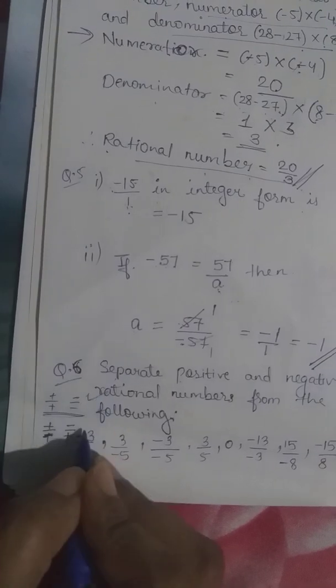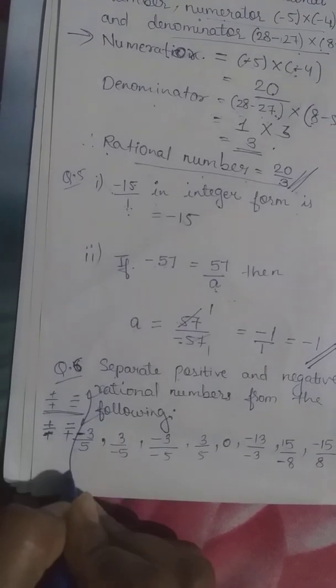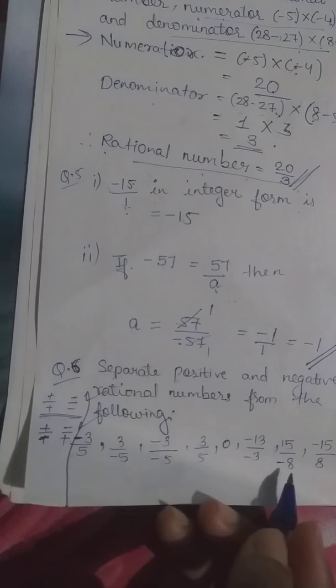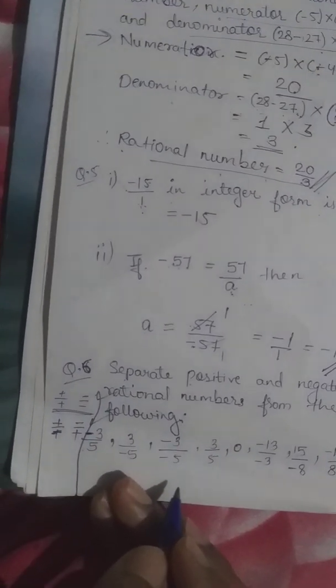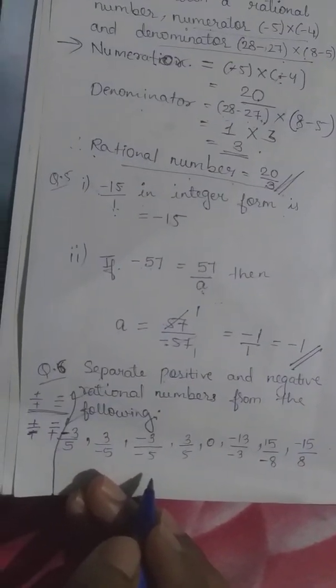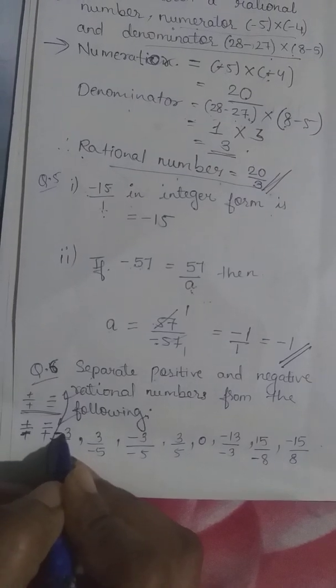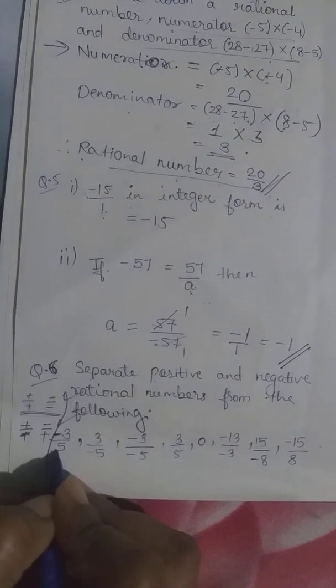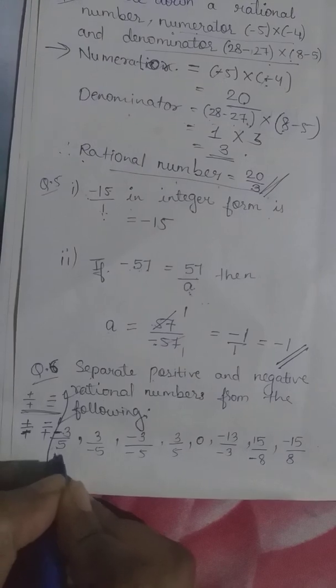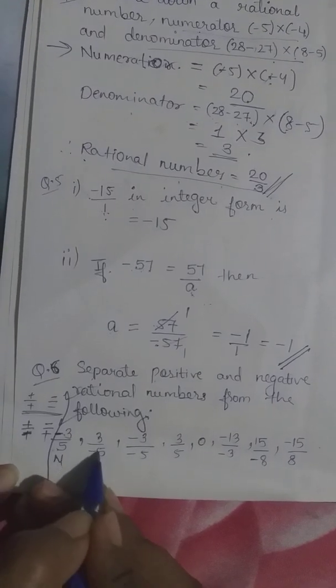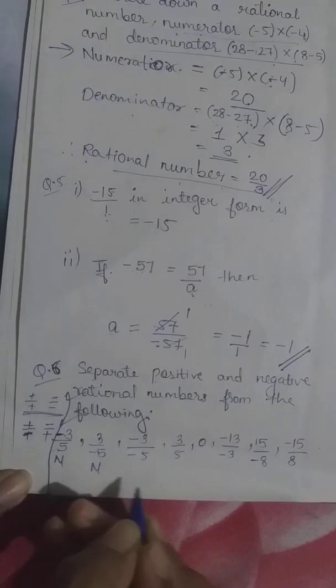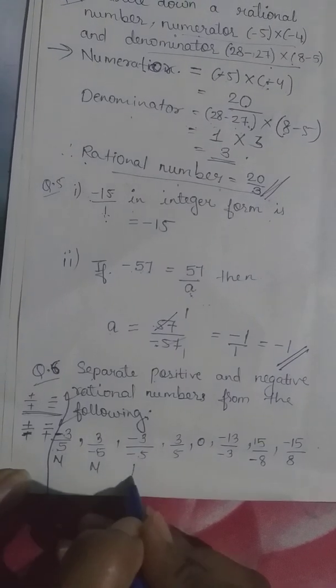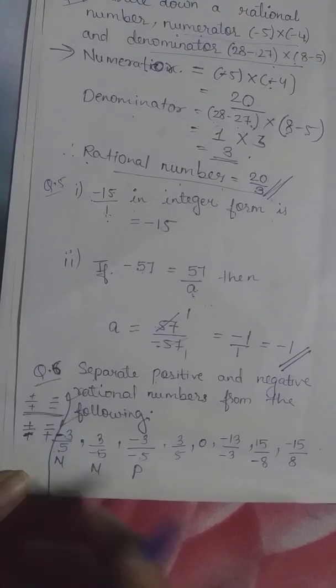So this is the positive one and this is the negative one. Now from this question, I will tell you which are the positive ones and which are the negative ones. So here one is negative, one is positive, it will go negative. Okay, I am writing N, meaning negative. One positive, one negative, negative. Both are negative, then of course positive, just now I have told you.